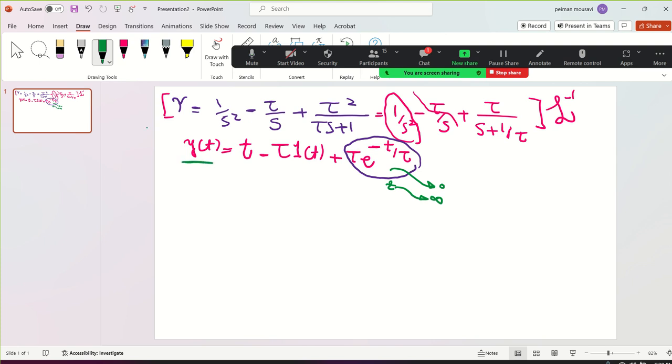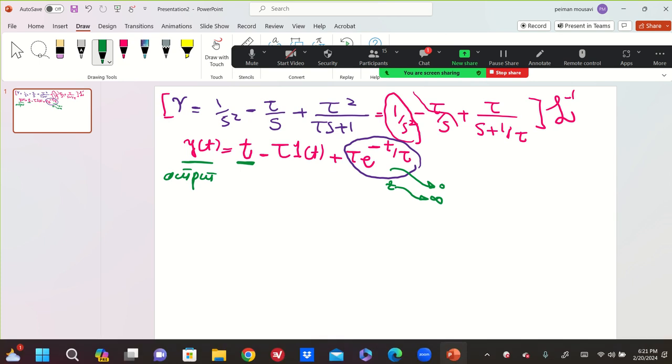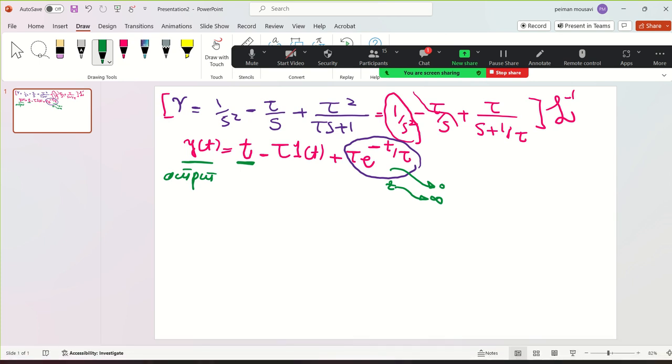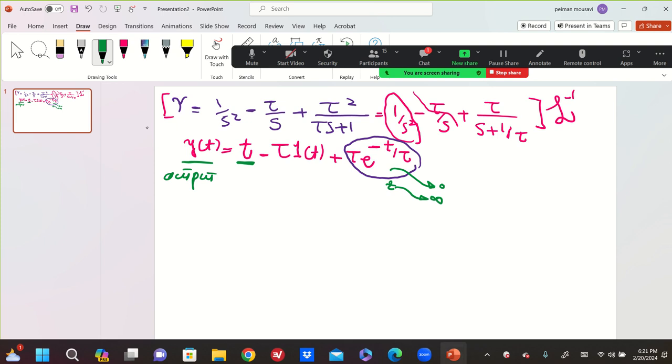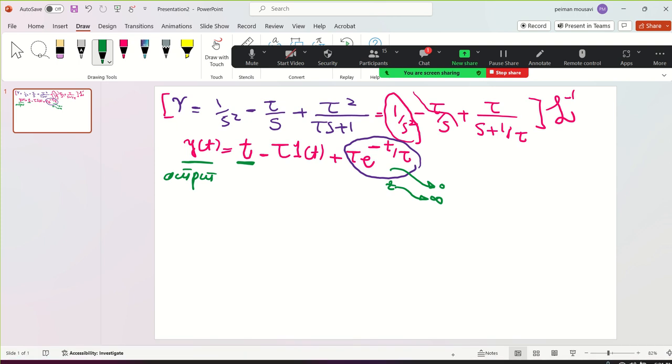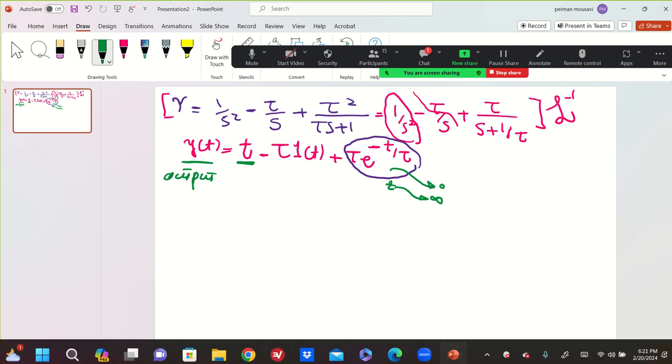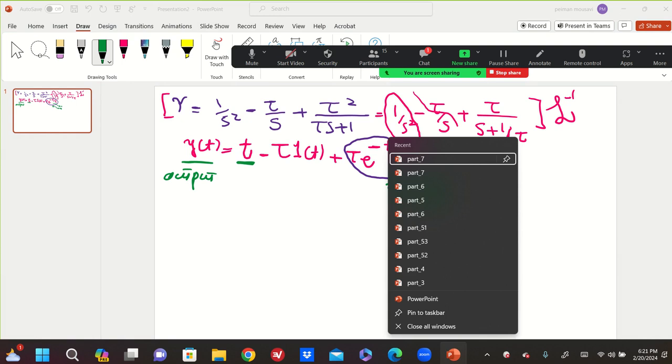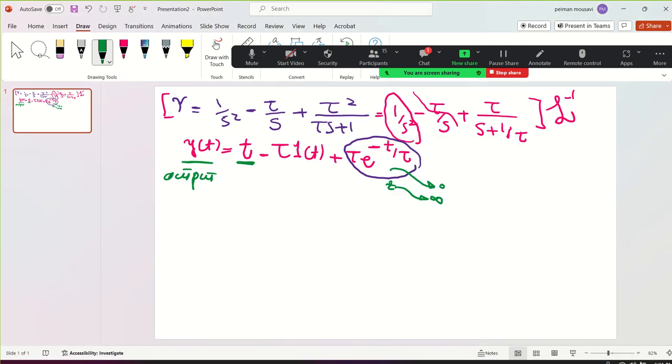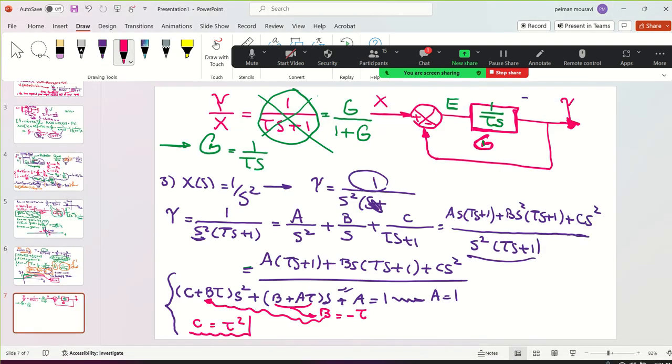Guys, this was output. What was this in this case? Tell me. Ramp was what? Look at here. What was what?